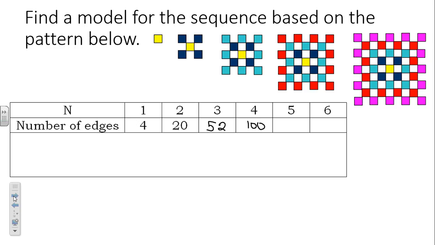How many blocks did we add? 16. 16 times 4 is 64, and 64 plus 100 is 164. We don't have a picture of the 6th block, but how many new squares are we going to be adding? 24. 24 times 4 is 96. 96 plus 164.